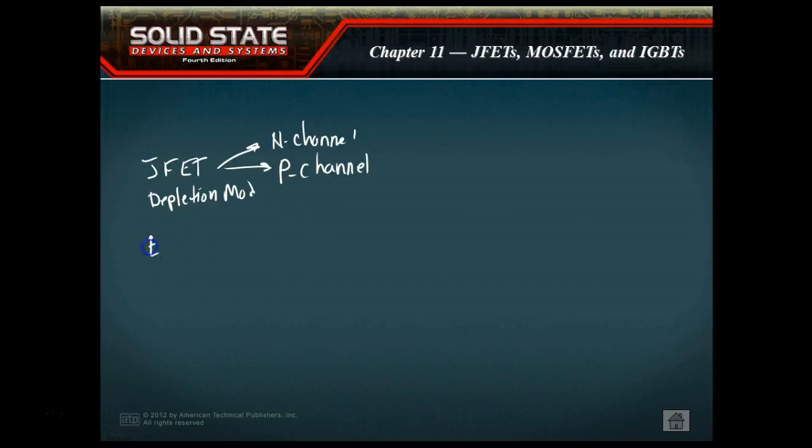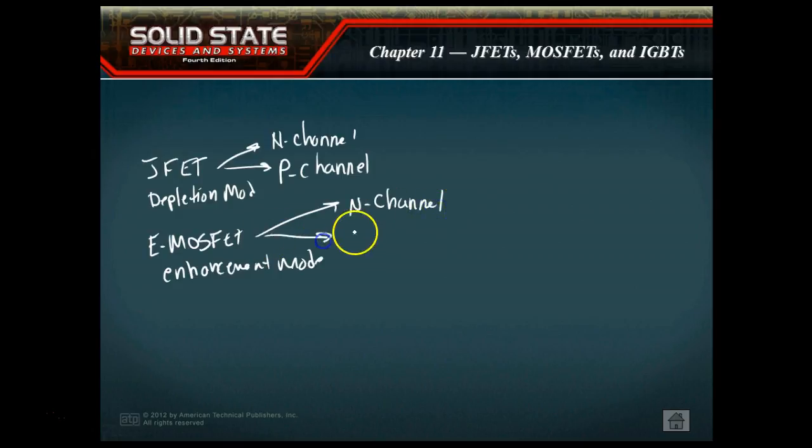We have our E MOSFETs. There should be a dash right here. These operate in the enhancement mode. And of course we have an N channel. And we have a P channel.